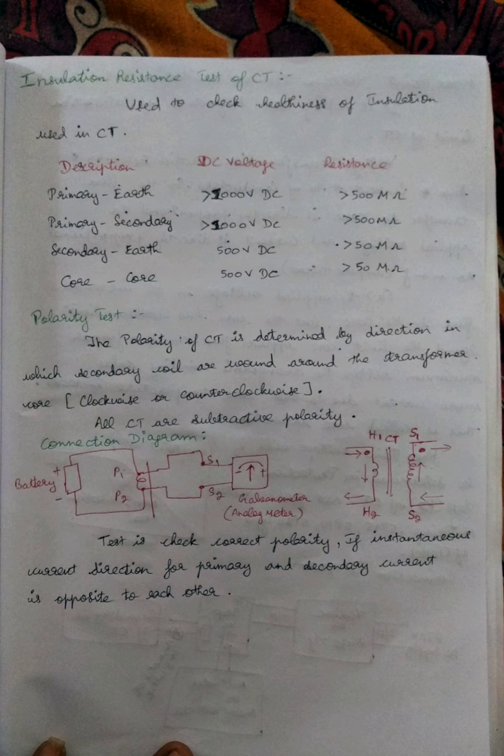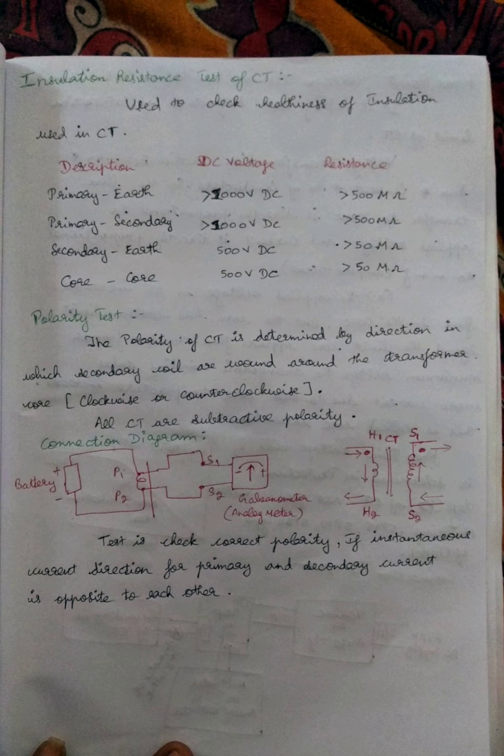So for example, if the CT is a small LV, a low voltage level CT, we are going to inject a minimum of 1000 volt. In that case, the resistance value should be greater than 500 megohm.